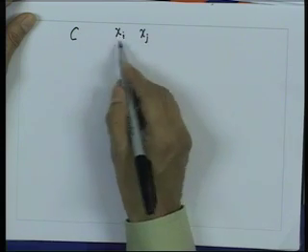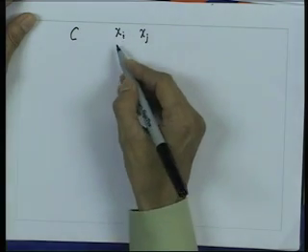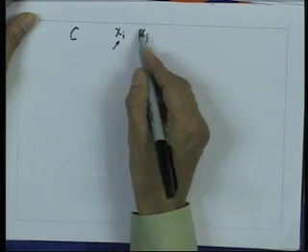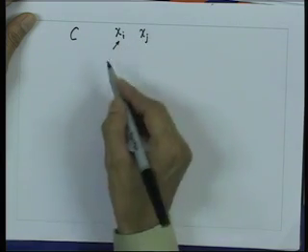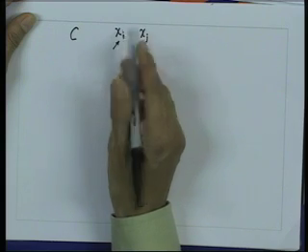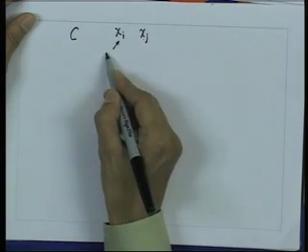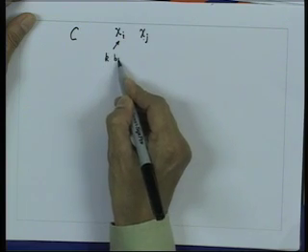If they do not have the same length, let us assume that xi is larger than xj, and that this code word xi is larger than the other code word by k bits.